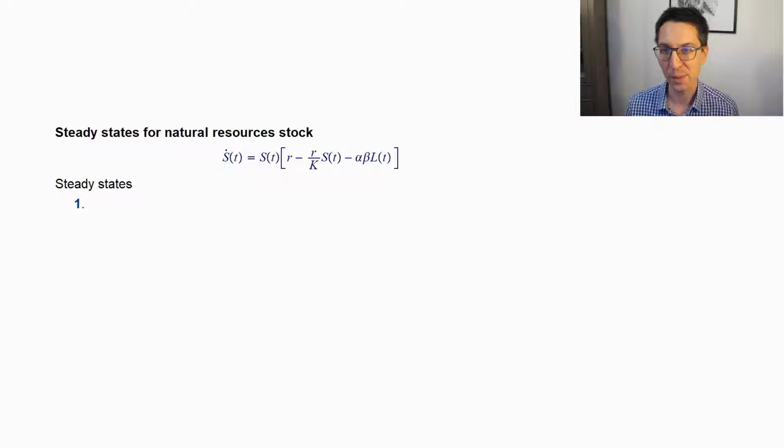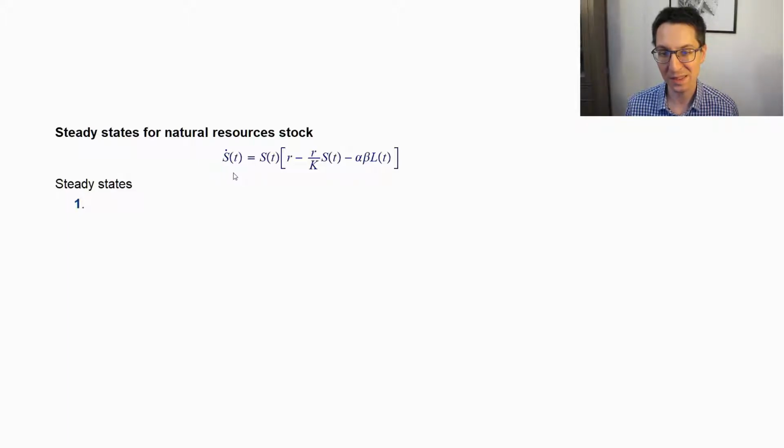Whenever we have a system of differential equations, their dynamics can become quite complex to describe. So the trick is to start dealing with what is simplest. So what is the simplest case? The steady state. So the question is, for what set of values is the system not moving? Well, here the movement is S dot of t.